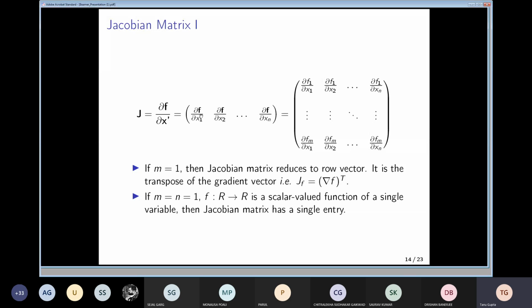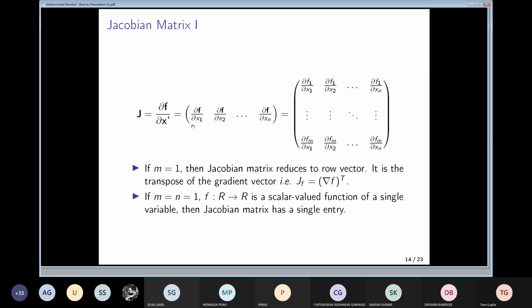Hence it is del f del x1, del f del x2, up to del f del xn. Remember that here f is still a vector, so we are going to elaborate on this further. I hope it is clear what I'm trying to say: since here it is x prime, we are stacking it in a row form. And this is how we stack a Jacobian matrix.